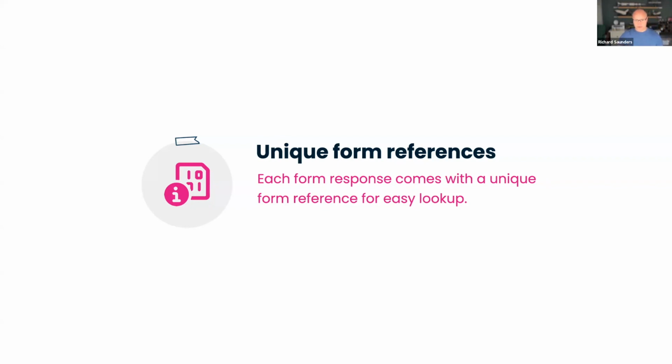And we support unique reference numbers on form responses now. These can be slightly customized with a little prefix, which is generated from the form name, and that can be amended, but that gives, I think it's a 9-digit unique reference number that can be easily called up if people need to.